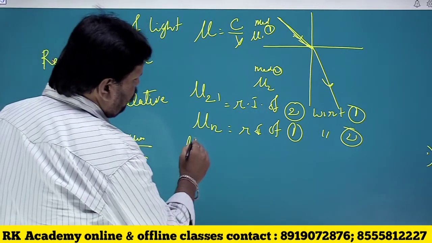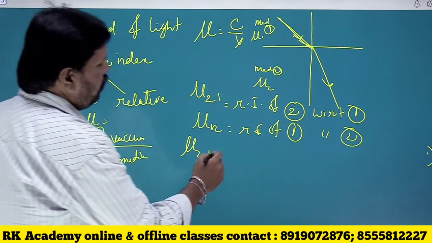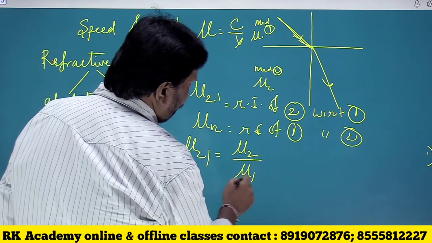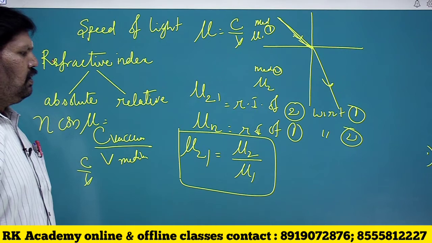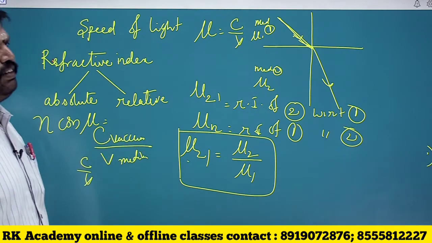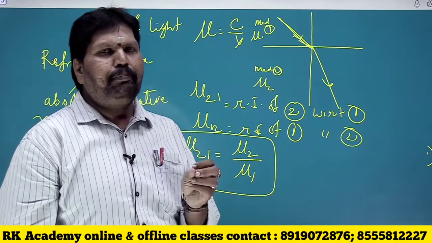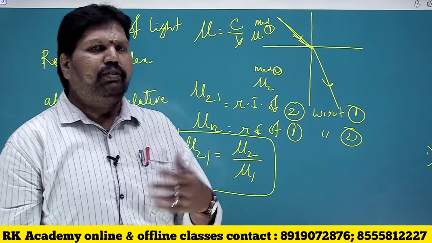The refractive index of the second medium with respect to the first medium can be written as mu 2 by mu 1. This is relative refractive index, meaning we are comparing the refractive index of one medium with respect to the other medium.